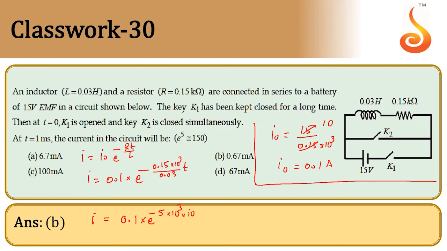Millisecond means 10 to the power of minus 3. This will be cancelled. So I equal to 0.1 into e to the power of minus 5. So I is equal to 0.1 divided by e to the power of 5.